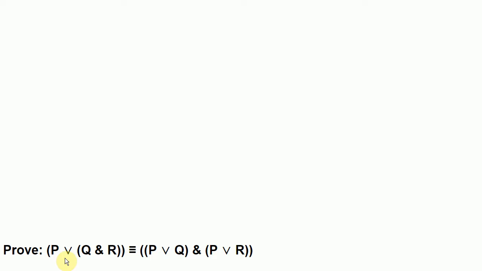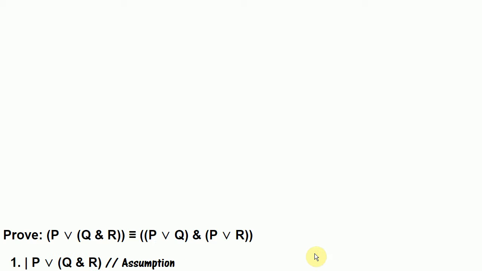And now we'll go ahead with a proof of the other form of distribution. This one says P or Q and R is equivalent to P or Q and P or R. And we'll begin by assuming what we have on the left side of the biconditional and try to get what we have on the right-hand side. So our assumption is P or Q and R. And looking at what we want to get, we see that it's a conjunction.